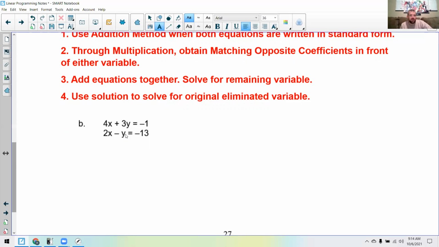If you want to eliminate the x's, then you want to get matching opposite coefficients in front of the x variable. If you want to eliminate y's, you're going to get matching opposite coefficients in front of the y variable. Now let's just say I wanted to get rid of the x's. What would I multiply and by how much?